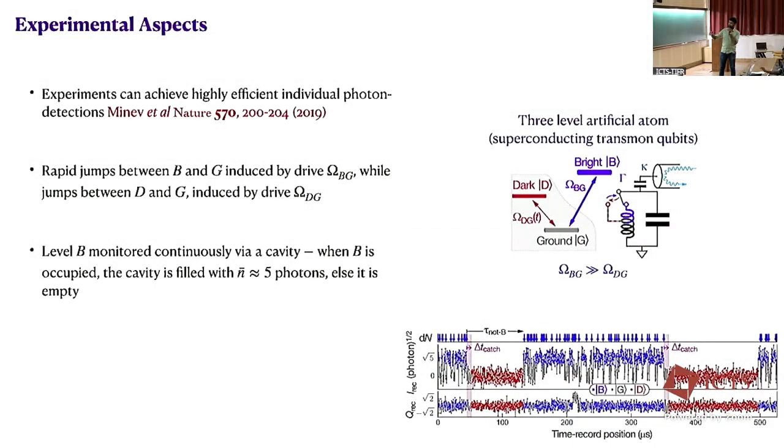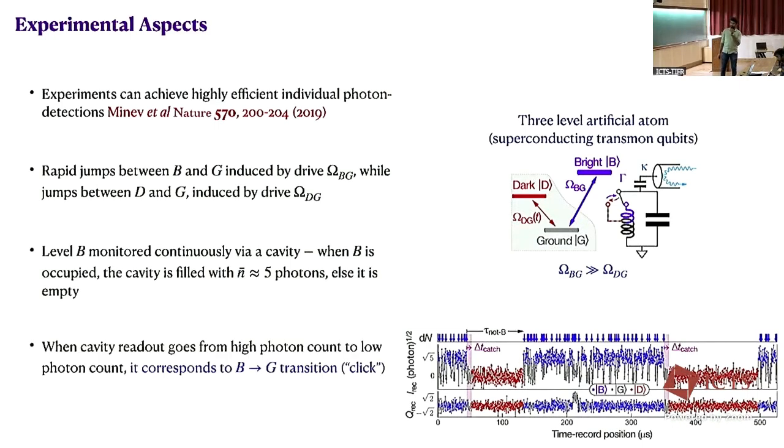When it's empty, it's not in B. It could be either in G or D. So what they can conclude from this measurement apparatus is that when the cavity readout goes from a high photon count to a low photon count, it corresponds to a transition, what we call a click.